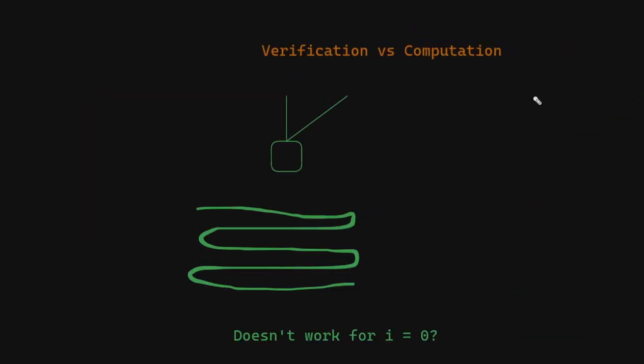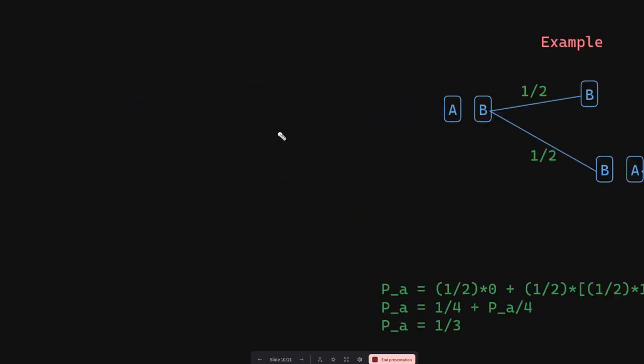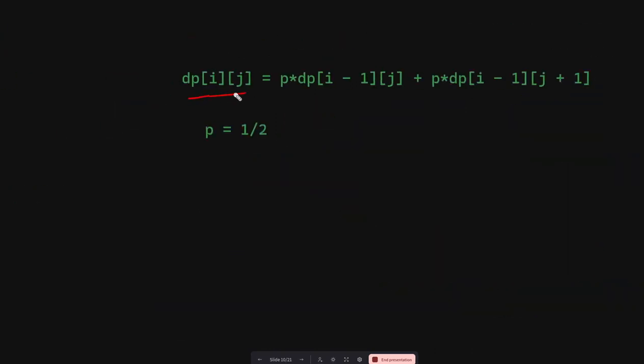Now if you apply this particular formula on each cell, you can see that every i comma j will rely on the value of i minus 1 comma j. Let us forget about the context of the problem and just focus on this mathematical formula that you see on the screen.